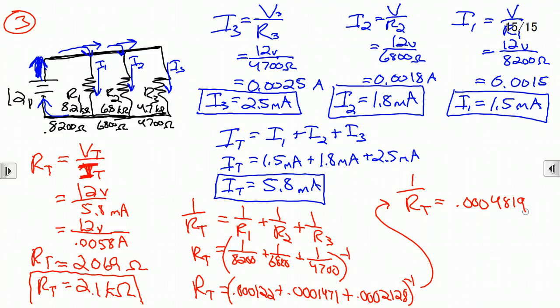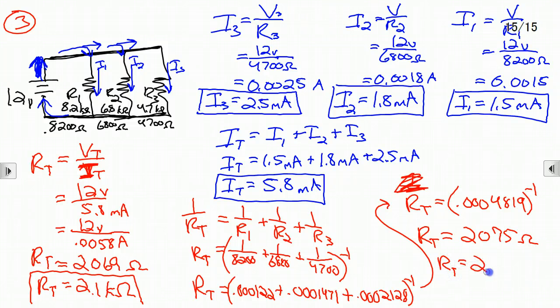So if I take the reciprocal of both sides of that, I essentially get rid of this and take this to the negative first power, or 1 over that. I would get a total resistance of, flip it over, you might have a 1 over X button on your calculator, 2075 ohms, which through rounding and different things is pretty close to 2.1 kilo ohms.